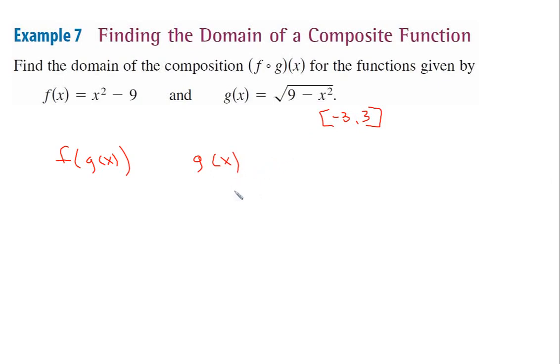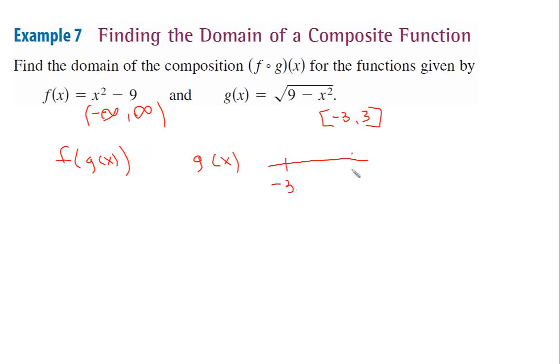Now, the domain for f of x right here is basically going to be negative infinity to infinity. We can plug in whatever we want. It's a polynomial. We're never going to divide by 0. There's no radicals. So for g of x here, let me just make a number line.